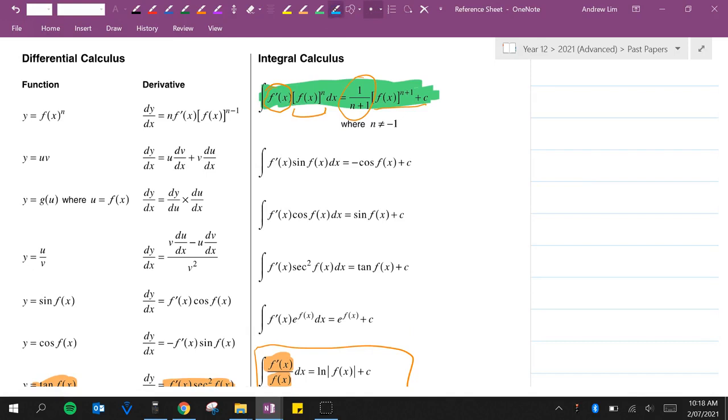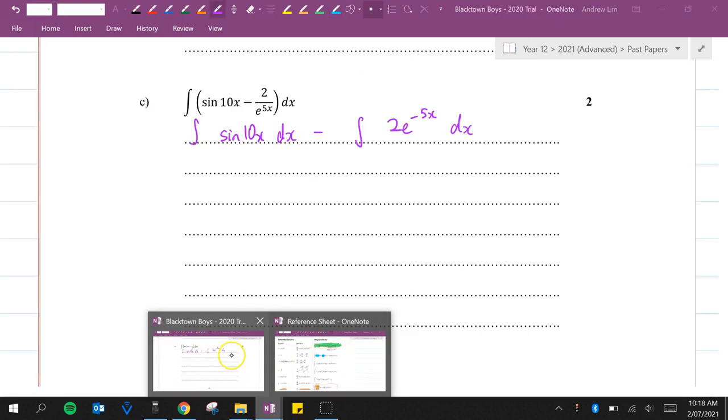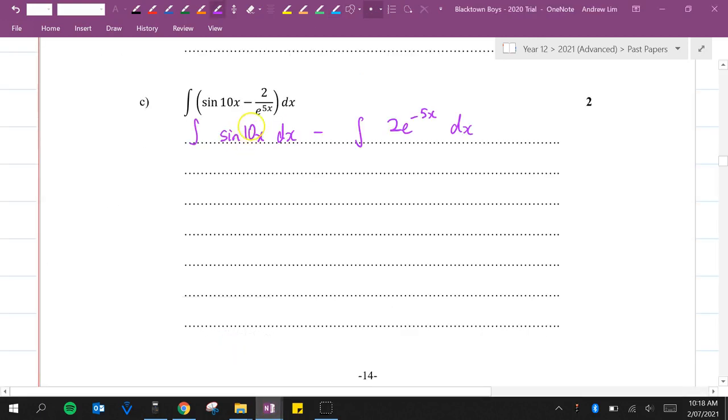We're going to integrate sine. So when we integrate sine, we need the f dash of x as the coefficient of sine f of x first, before we can integrate it. So I'm going to need to manipulate this. Here's my f of x. When we differentiate that, we get 10. So I'm just going to put a 10 on at the front, and then fix it up with my 1 over 10, because 1 over 10 times 10 is 1.